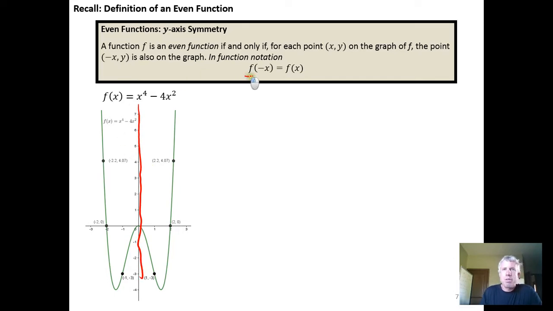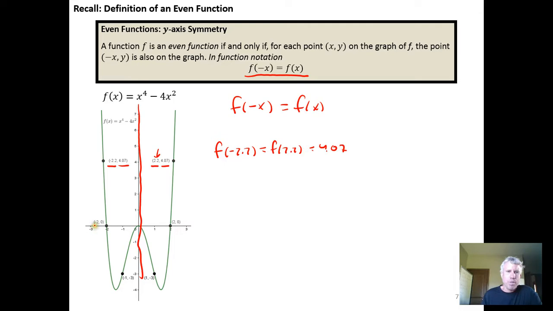The way that we learned to test for even symmetry was to plug negative x, or the opposite of x, into the function f and see if we got the same thing as if we just plugged in x. For example, if you plug in negative 2.2 or positive 2.2 into the function, it generates the same output, 4.07.